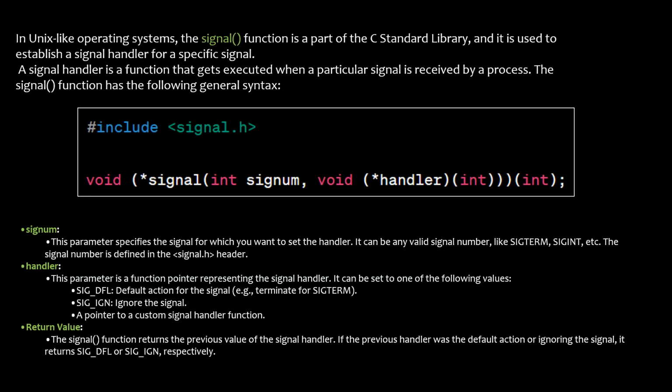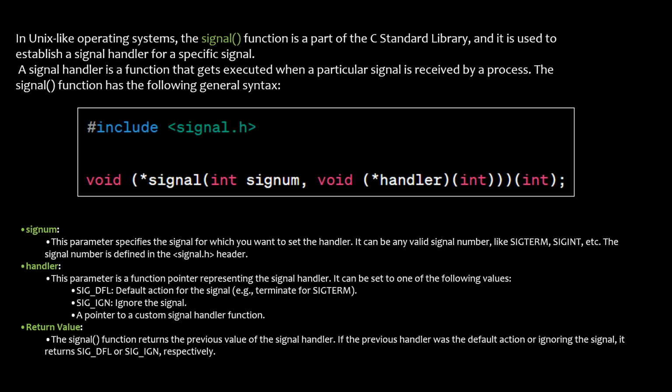In Unix-like operating systems, the signal function is part of the C standard library and is used to establish a signal handler for a specific signal. A signal handler is a function that gets executed when a particular signal is received by a process. The signal function, which we saw on the previous slide, has the following general syntax. So if we look at the various parameters in this, signum specifies the signal for which we want to set the handler.